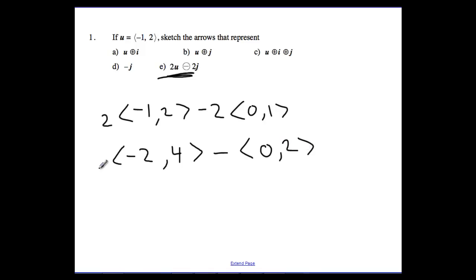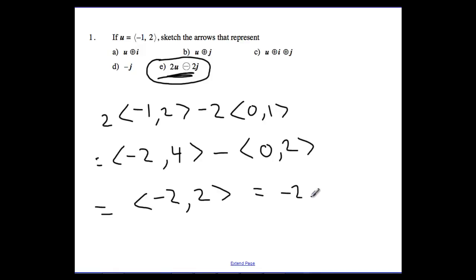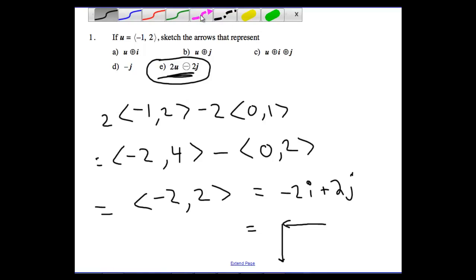And so now we're subtracting these vectors. So that's going to be negative 2 comma 2, which we could write as negative 2i plus 2j, and it's going to look like this. 2 to the left, 2 up, and the resulting vector is that.